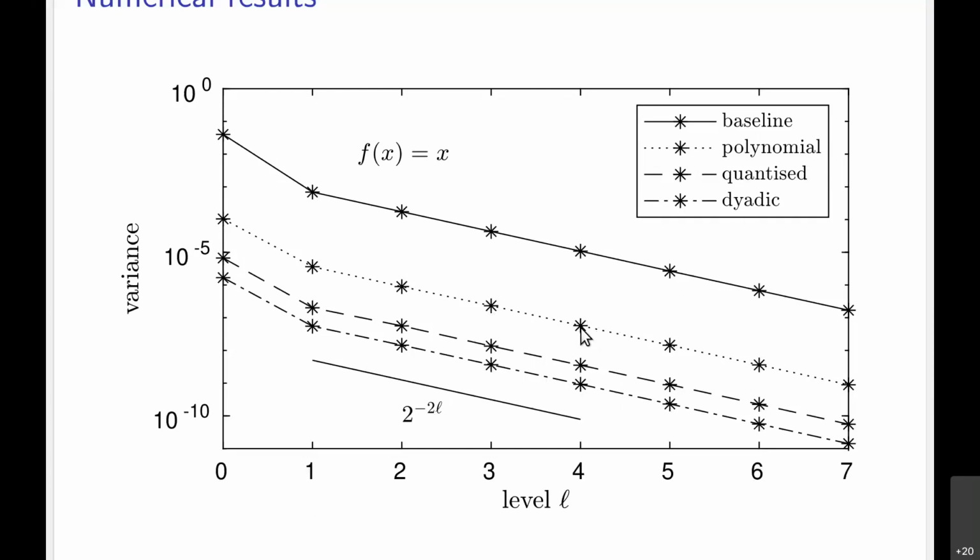It's got the worst error. Then we've got the quantized one here. That's using the 1024 intervals with a piecewise constant. And then the dyadic is using the 32 intervals with a piecewise linear, and with the intervals shrinking to resolve the singularities.